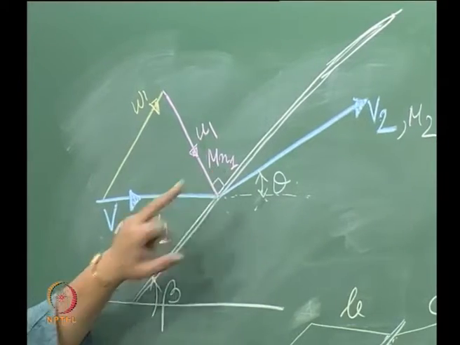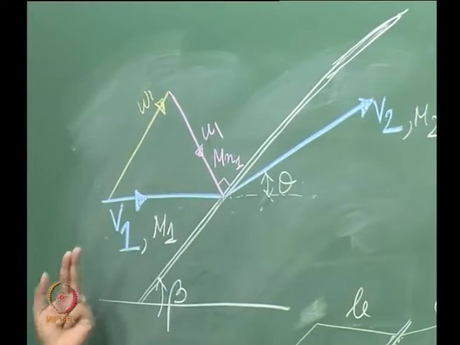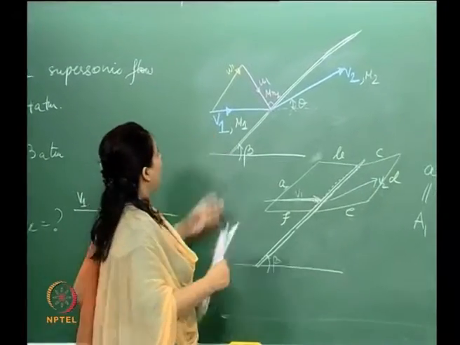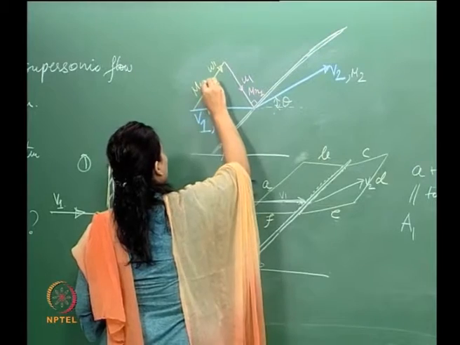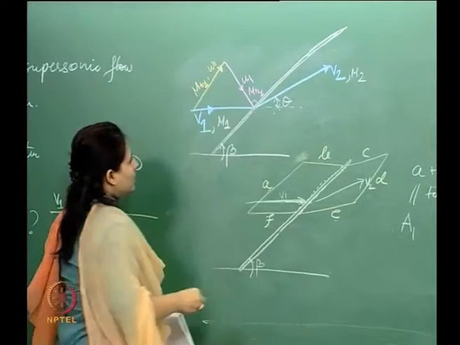The reason we write n here is because this is normal to the shock, and the w1 here is tangential, so we call this Mt1.